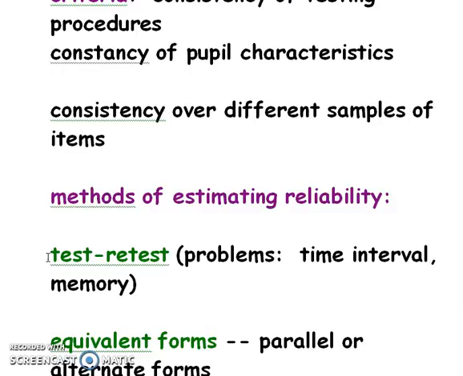The problem is, will they remember the test a week later or even a month later? So you can understand that if the students remember what the test was, then you're not testing understanding of the material, you're testing the memory of the student.